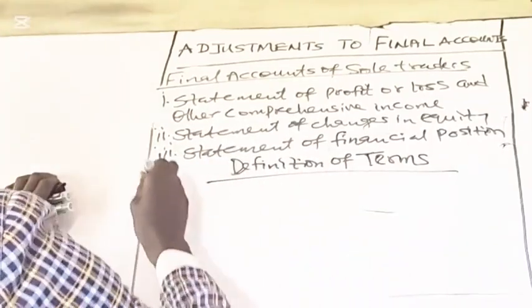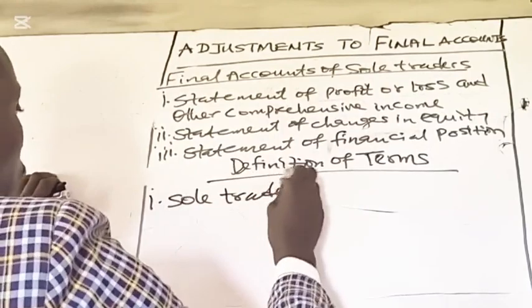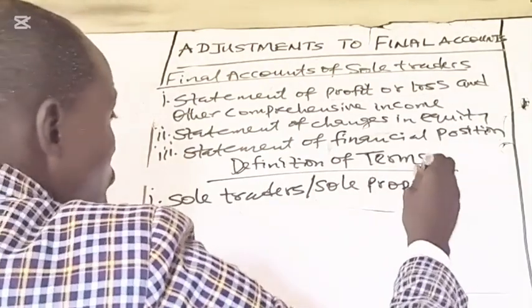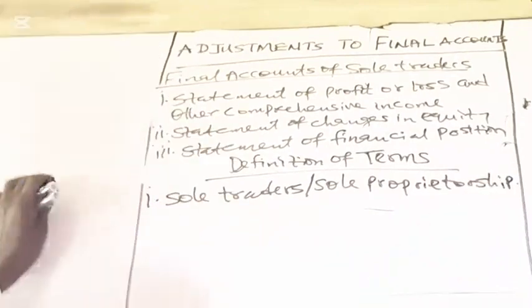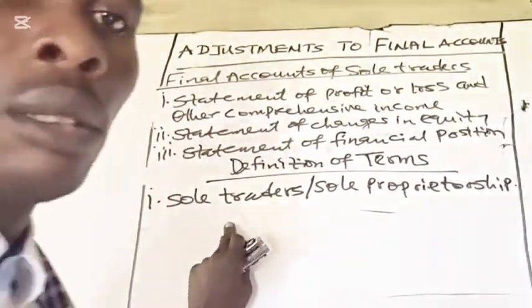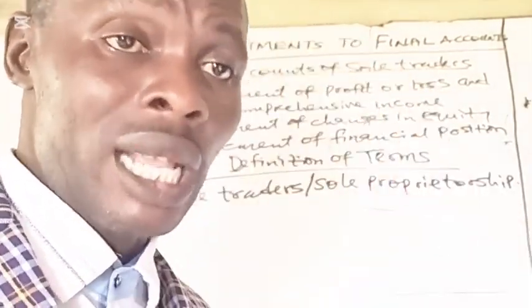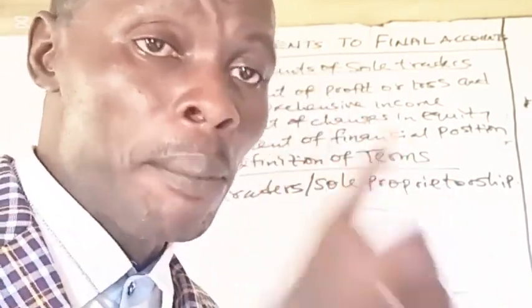Sole traders or sole proprietorship. This is a one-man business. That is a business that is owned and managed by one person.